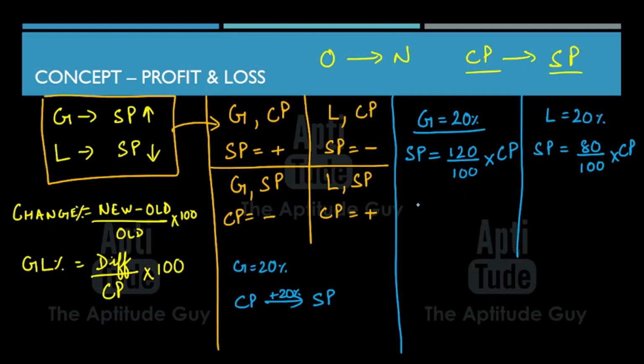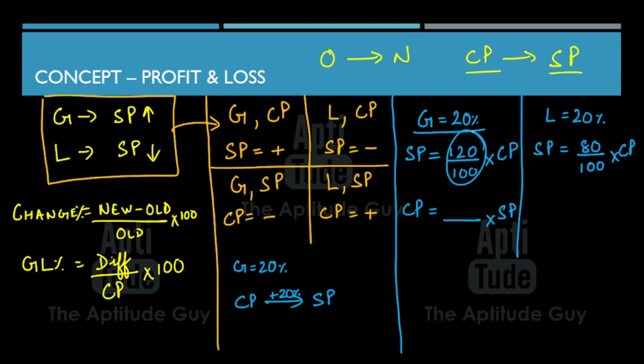Similarly, if gain is 20%, then cost price is how many times of selling price? A lot of people make a mistake and end up writing 80% over here because they think selling price is 20% more than cost price, so cost price will be 20% less than selling price. That is not the way percentages work. So cost price is how many times of selling price?